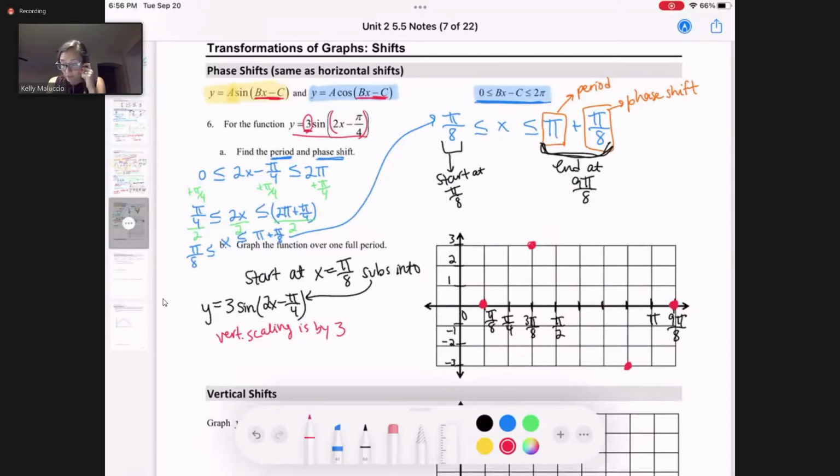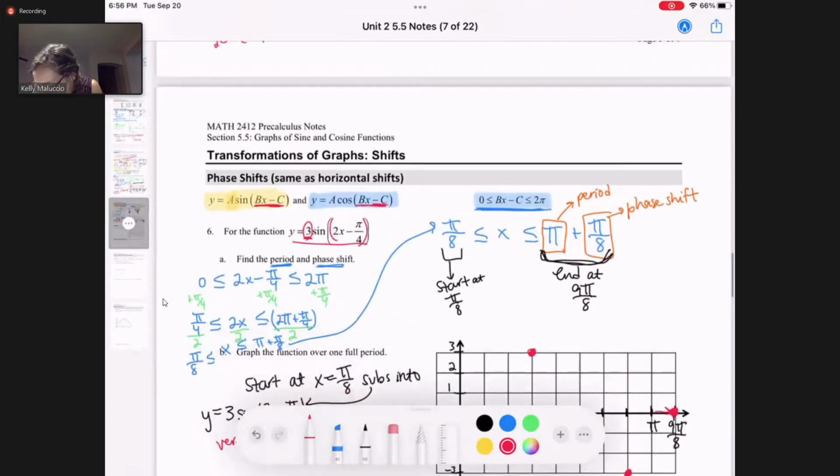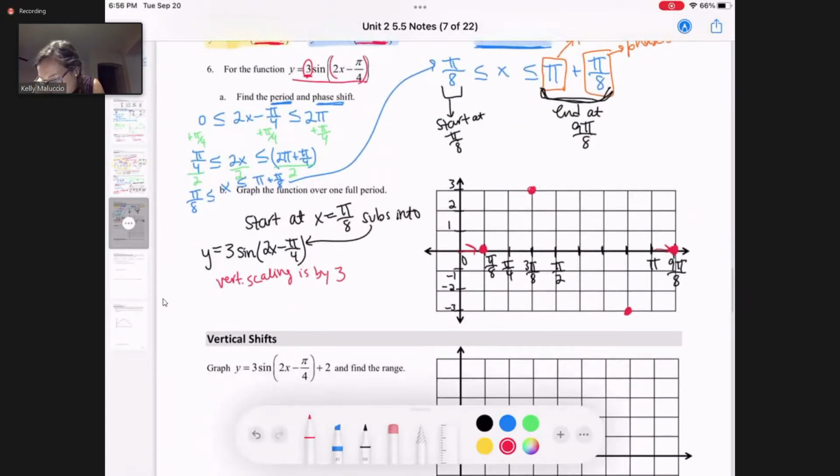And now all I really need to know is there's one more 0 too. But I know that sine of 0 is 0, sine of pi is 0, and sine of 2 pi, right? But look, my 0 was shifted, my pi was shifted. Oh, and pi, it's going to be pi over 2 because we're multiplying by a factor of 2 as well. So that was my bad.